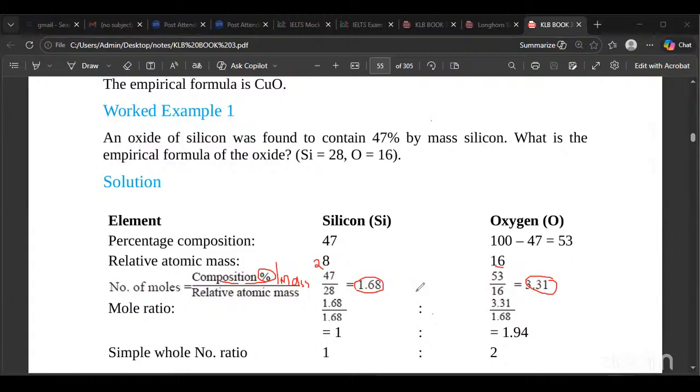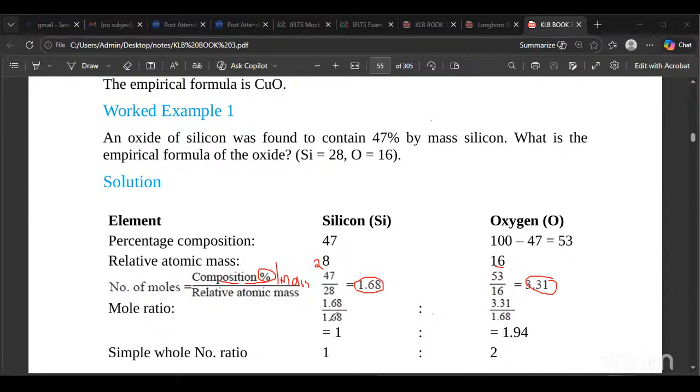Now, the reason why I want to solve this question is because of this. Remember, above I said you divide by the smallest. Which one is smaller between 1.68 and 3.31? 1.68.